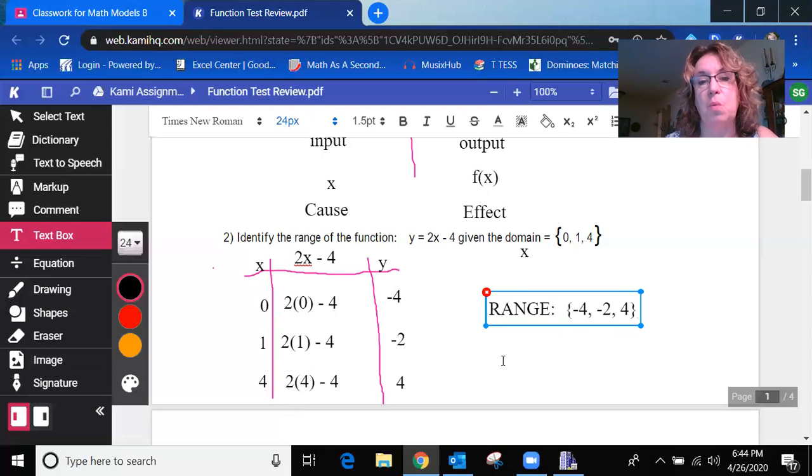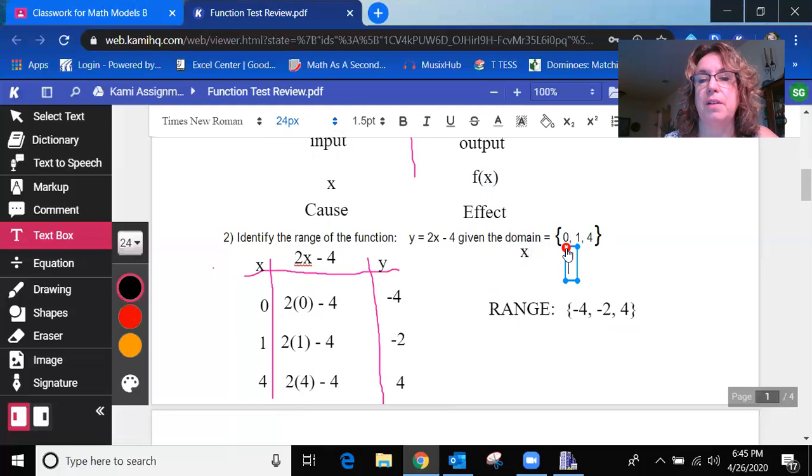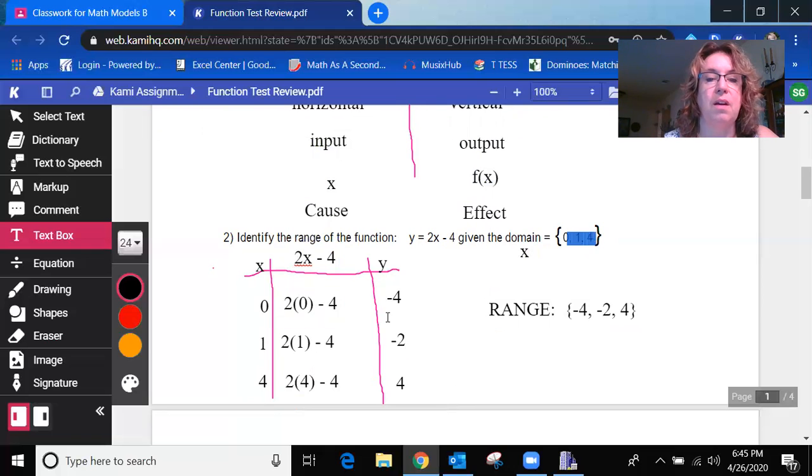So they give the equation y equals 2x minus 4, and then they give you some x values to put in there. So this part is called the function rule. All of it is the equation or the function. And because it says domain, then these numbers are x's: 0, 1, and 4.